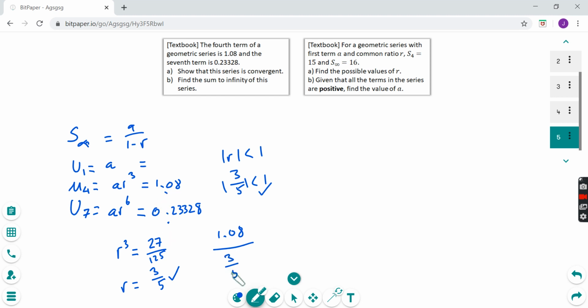So let's just quickly type that into my calculator. So it's 5, okay? This will equal 5. And now I know what r is, and I know what a is.